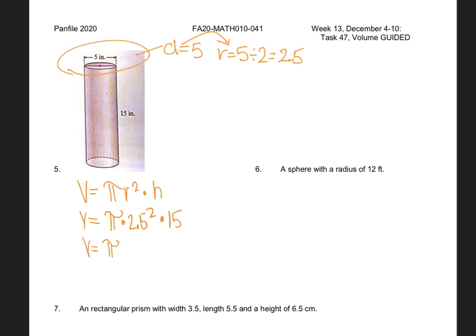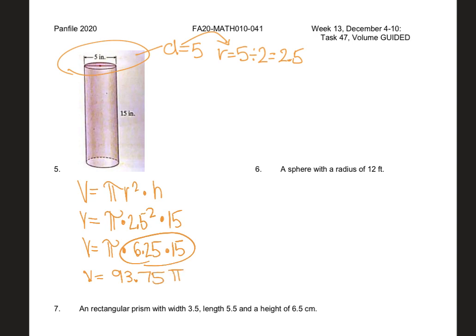That gives me pi times 2.5 times 2.5 is going to be 6.25 times 15. I can multiply those together, and I get volume equals 93.7 pi.